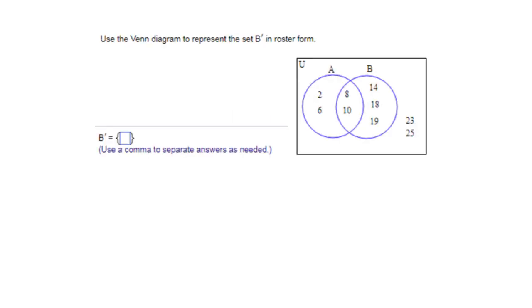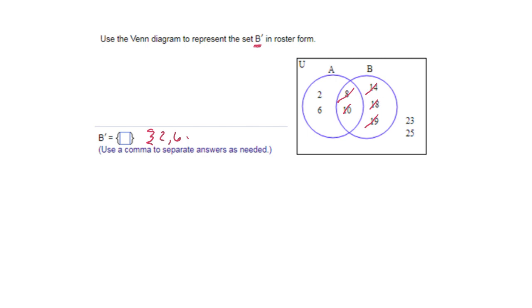So this problem is saying use the Venn diagram to represent the set not B in roster form. If we take a look at our Venn diagram and we want the items that are not B, I would just go in and mark through all the items that are contained in set B, and that would make my listing for not B all the other remaining elements.